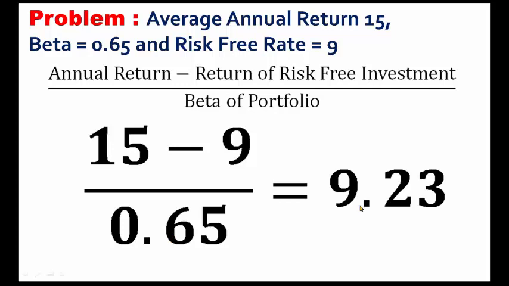Okay, what is the result? 9.23. Okay, this is the result of the mutual fund as per the Treynor ratio.